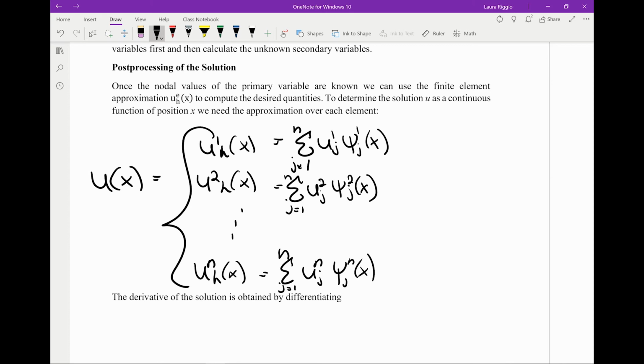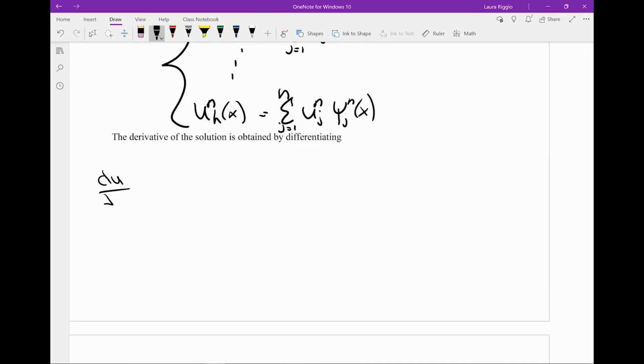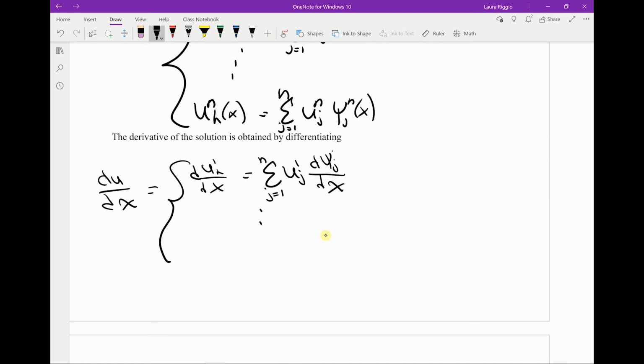So we can also find derivatives. The derivatives can be found by differentiating our equation. So du dx would be duh1, which is the sum from j equals 1 to n of uj1 d psi j1 dx, to dun dx, the sum from j equals 1 to n of unj.